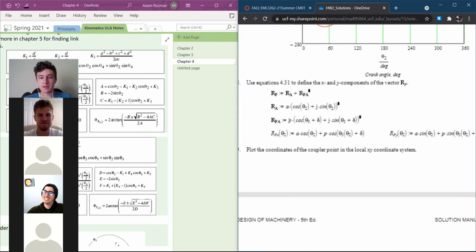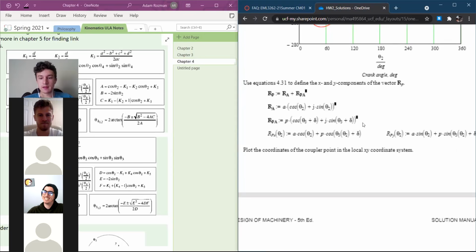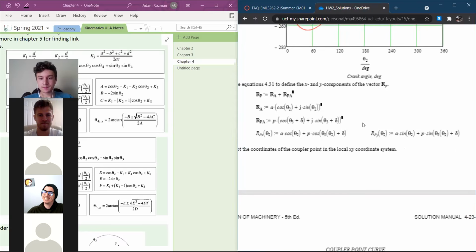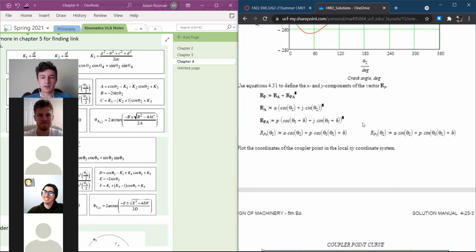And then they do the same thing for P. Honestly, I feel like a lot of the time with these vectorial methods, you can also just do it geometrically. If you have all the angles, it all just ends up being triangles. You can draw out your triangles. You might have to find the X and the Y components using your trig and the angles.